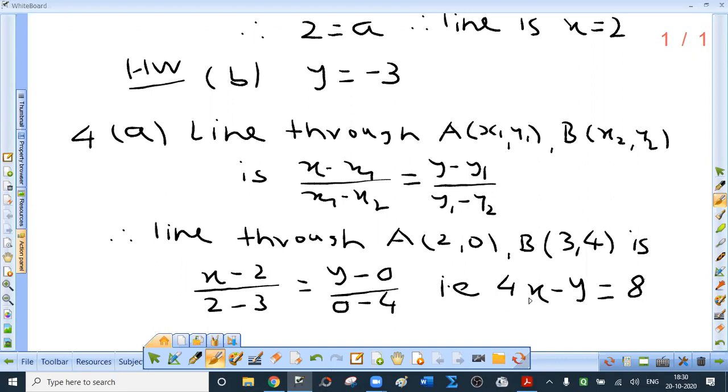That is not the rule. And I will write the constant part on RHS if it is positive. Had it been 4x minus y equal to minus 8, I would have written 4x minus y plus 8 equal to 0. But this is also correct. If you bring 8 to LHS, 4x minus y minus 8 equal to 0, that is also correct.